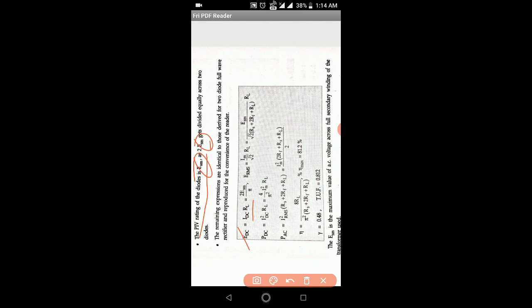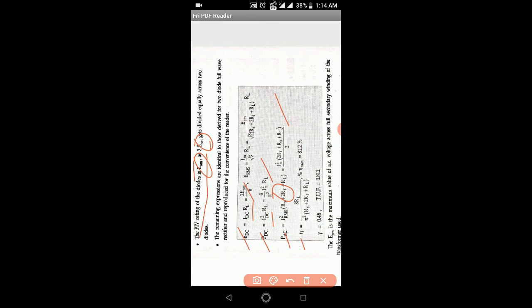EDC is the IDC into RL, that is also 2ESM upon pi. PDC, that is IDC square into RL, so that will be 4 upon pi square into IM square upon RL. PAC is just like the full wave rectifier, IRMS into RS plus 2RF, but instead of the RF here we use the 2RF in PAC.